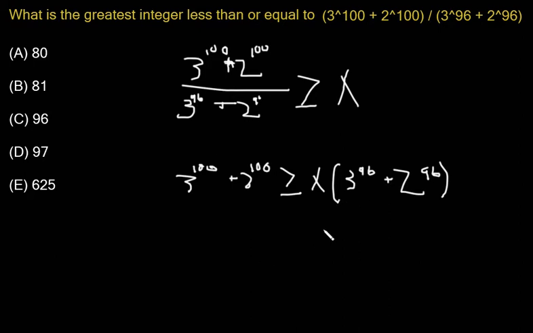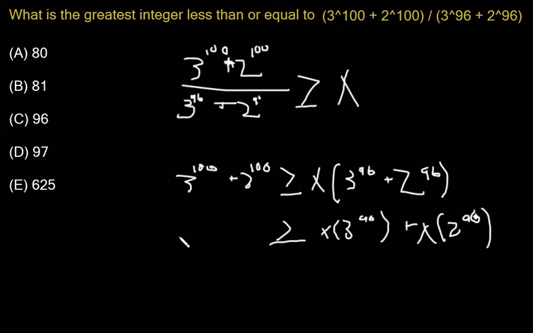So then we're gonna get, not x to the 96 power, x times 3 to the 96 power plus x times 2 to the 96 power. That is not a 90, that is a 96, all right? My handwriting is so bad.